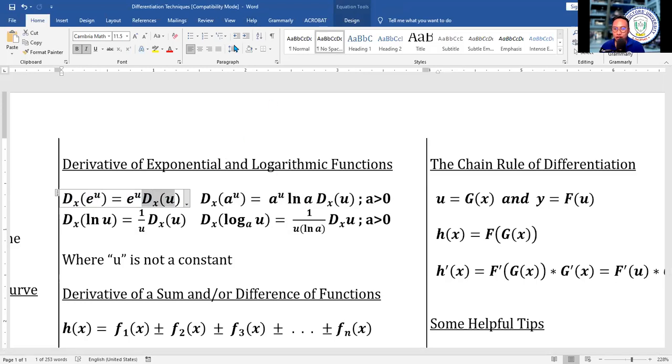Let me share a whiteboard. According to the formula that we have, guys, the derivative of e to the u is equal to e to the u times the derivative of the u. Let's have this example.